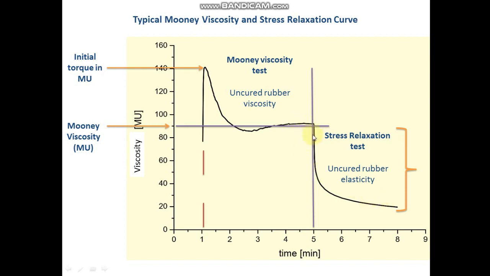Then the test will run for another 2 to 3 minutes, and during that time the viscosity values will be measured. So then it will give this graph, that is the stress relaxation curve of the uncured rubber material.